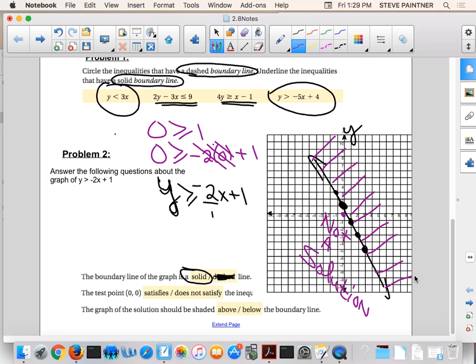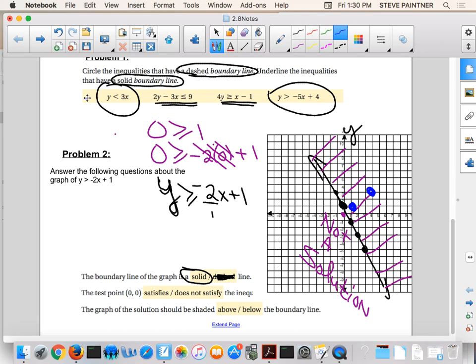So go ahead, give me a solution, not on the line, in the region. 4, 3, 1, 1. Let's see here. Here's 0, 0. 4, 3, right here. 1, 1, right here. Okay. Did those 2 points fall on the shaded side? Yes, they would.